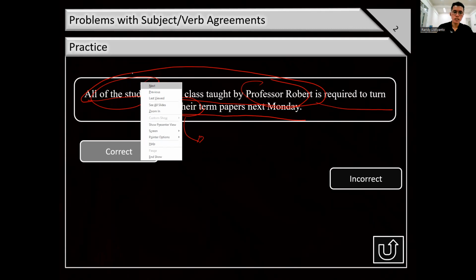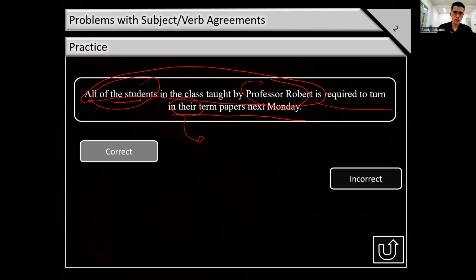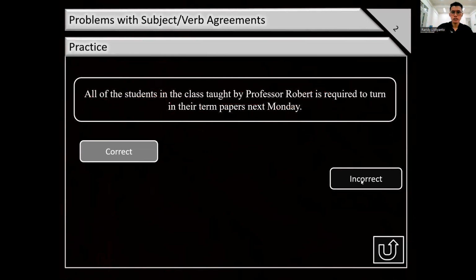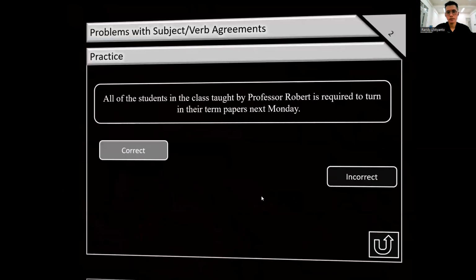So the real subject here is all of the students, and students is plural. Is it correct to use is? No, it is incorrect. It has to be are. Very nice.